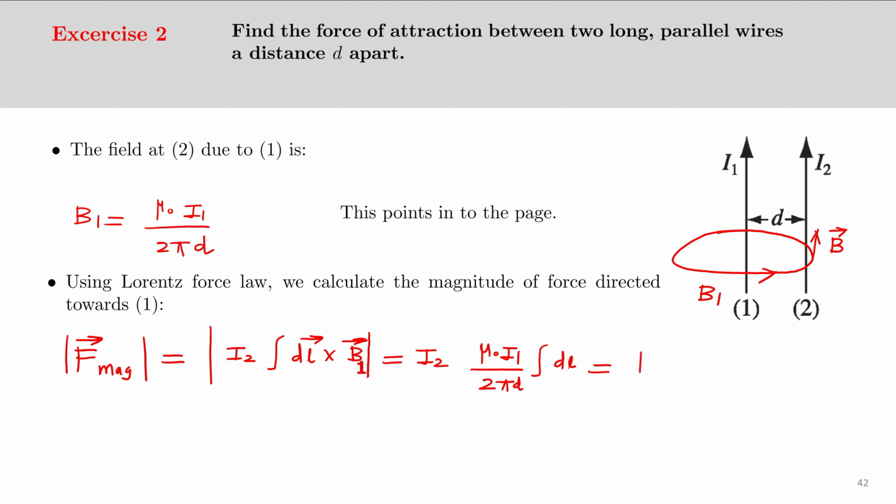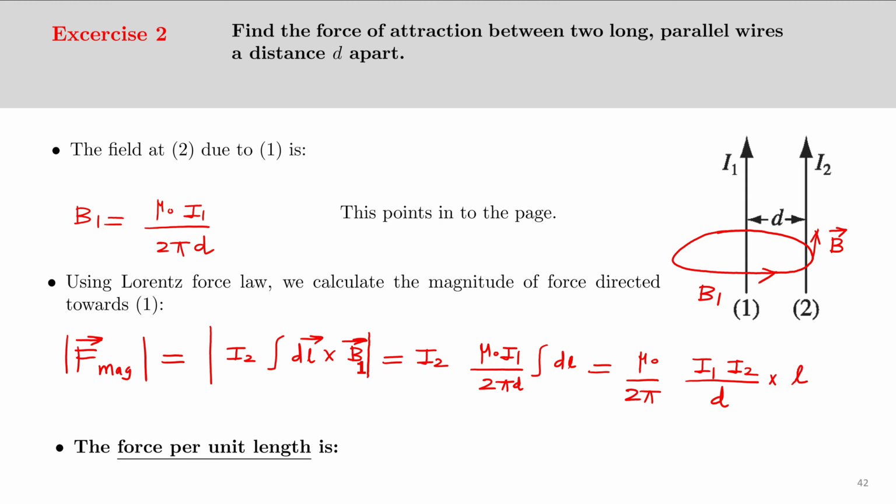This is equal to mu 0 divided by 2 pi then I1 I2 divided by d multiplied by L. Now we can write the force per unit length as F equal to mu 0 by 2 pi I1 I2 divided by d. If we take the force due to the magnetic field of conductor 1 as F1 and that due to conductor 2 as F2, then the magnitude of these forces will be equal.